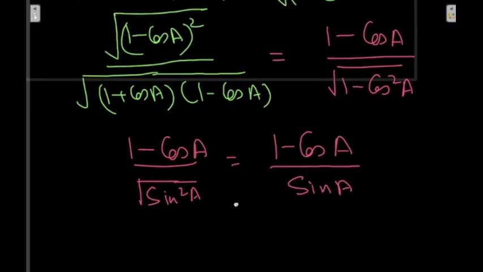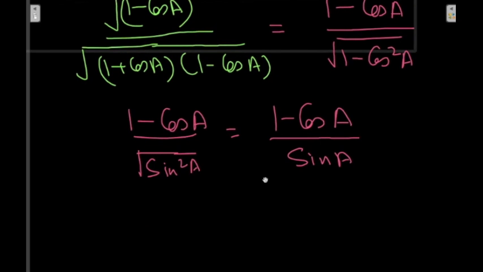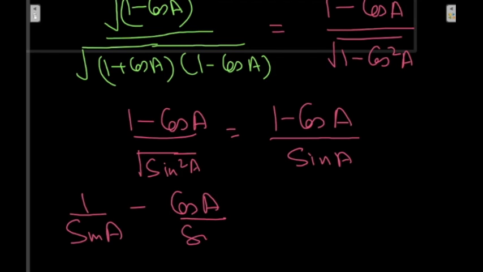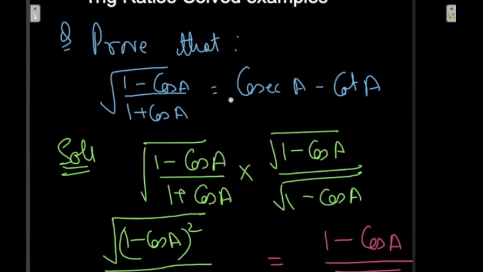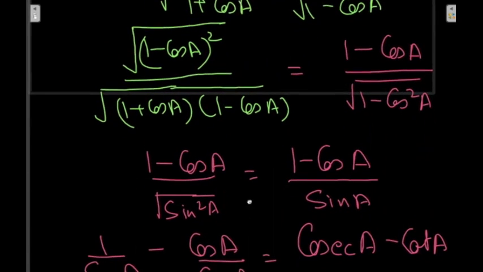Now we will break this into 2 parts, which will become 1 over sine a minus cos a over sine a, which is equal to cosecant a minus cot a. And what is our right hand side? Cosecant a minus cot a.